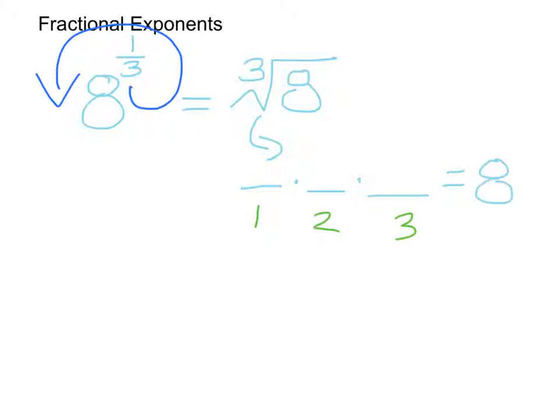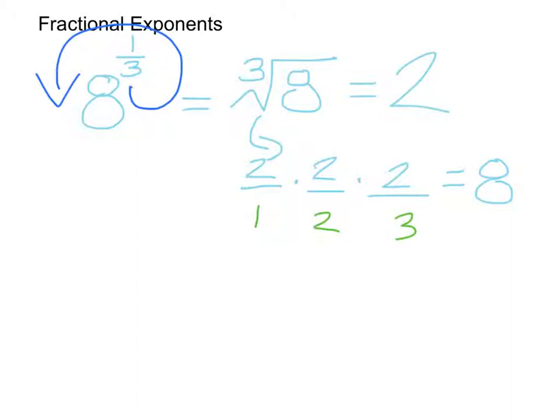Think about that for a second. Okay, so if I think about that, I realize that 2 times 2 gets me 4, and 4 times 2 gets me to 8. So the cube root, the 3rd root of 8, is going to get me to 2.